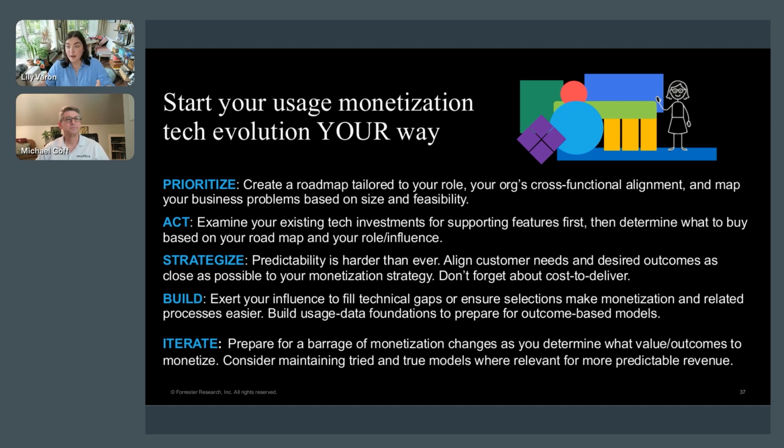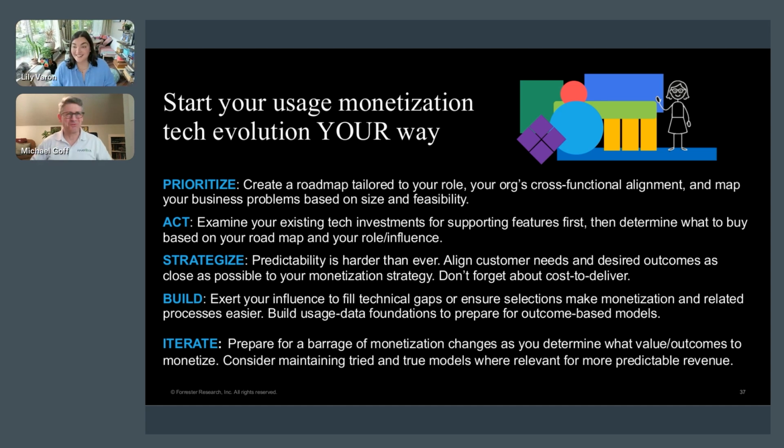Where do you have power and influence and responsibility for tech selection and for strategy setting that can best instrument your organization for this usage-based model, or for the evolution of this usage-based model towards a more outcome-based model?